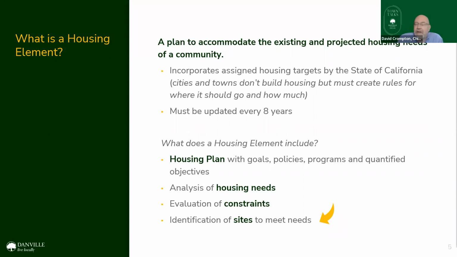It evaluates constraints that we might have towards getting affordable housing or any new housing, which could be things like high land costs, high development costs, or, as in Danville, just maybe a lack of available land. And then most importantly and most controversial is identification of the sites that we are going to set aside to meet our housing need.